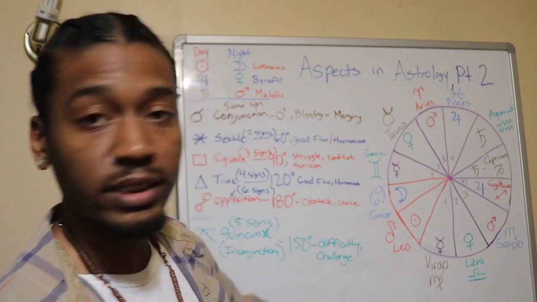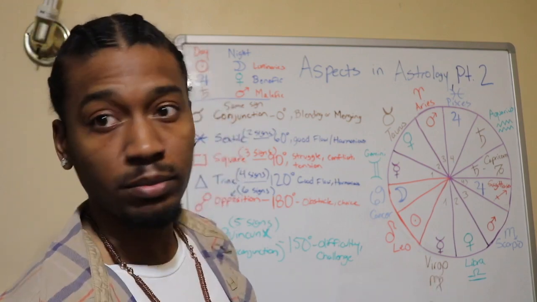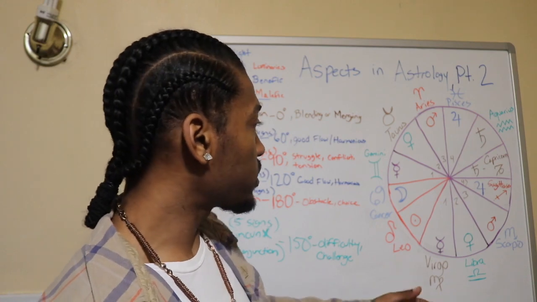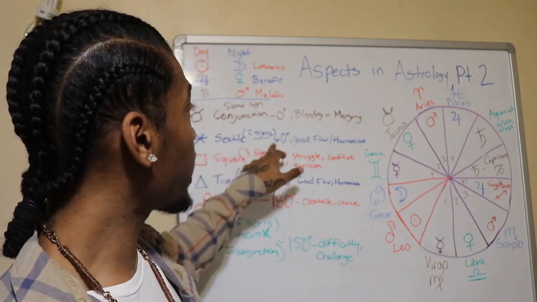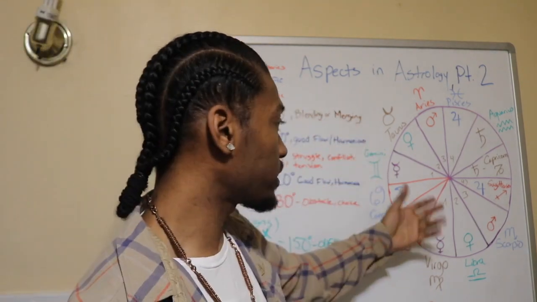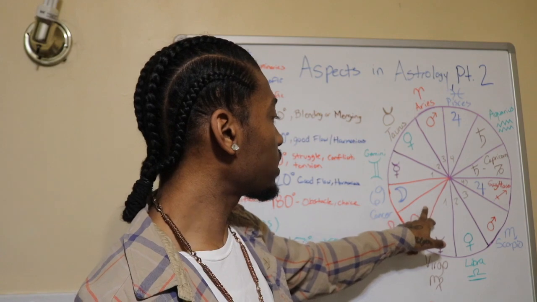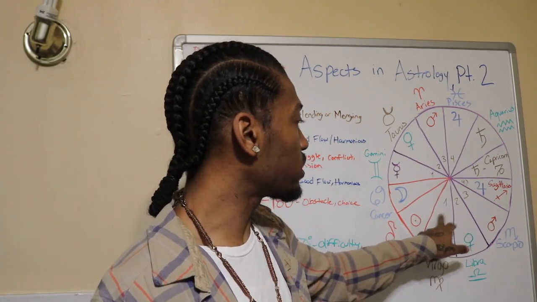So how this relates to aspects and houses is that you'll start to see a pattern. For instance, we said a sextile is 2 signs away, right? So in terms of house relationships and signs, from the sun to Venus, this is 1, 2.